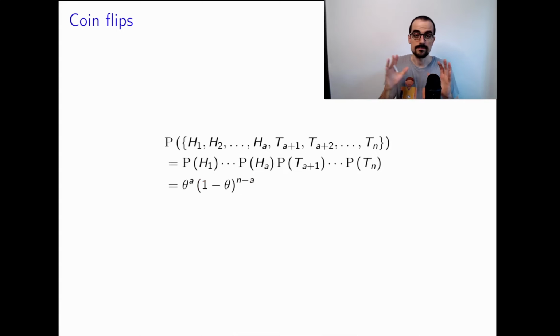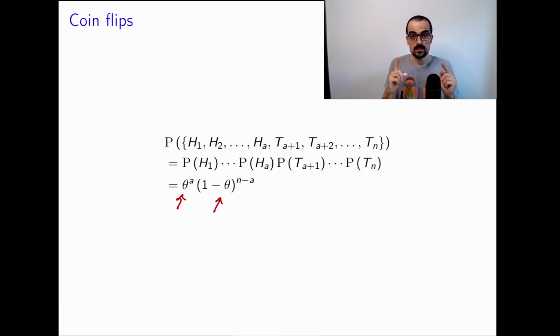So the probability of a fixed ordering of having heads, heads, heads, in this case A times in a row, and then tails, tails, tails, n minus A times in a row, is theta to the A times 1 minus theta to the n minus A, because we're multiplying by 1 minus theta n minus A times.